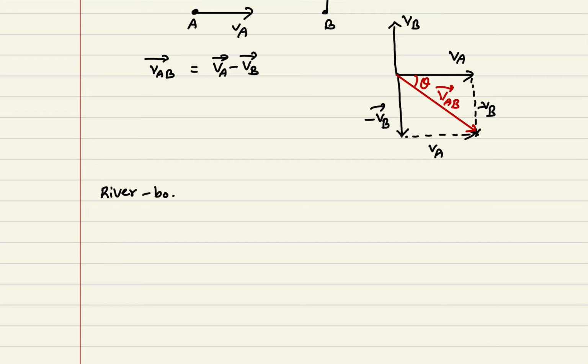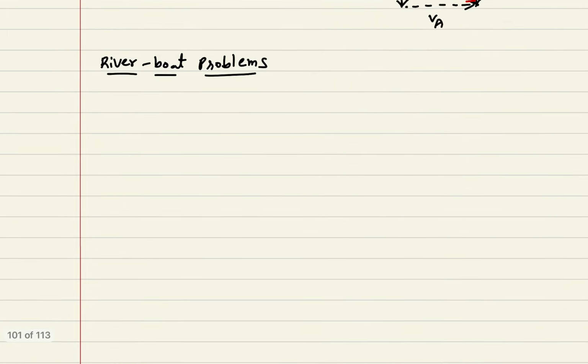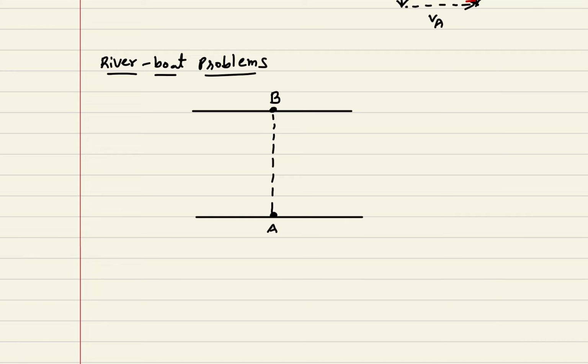First one is riverboat problems. What basic concepts you have studied in riverboat problems, I am going to write those relations only. Let us consider a river. In this river there are two points, point A and exactly on the other side a point B is located.